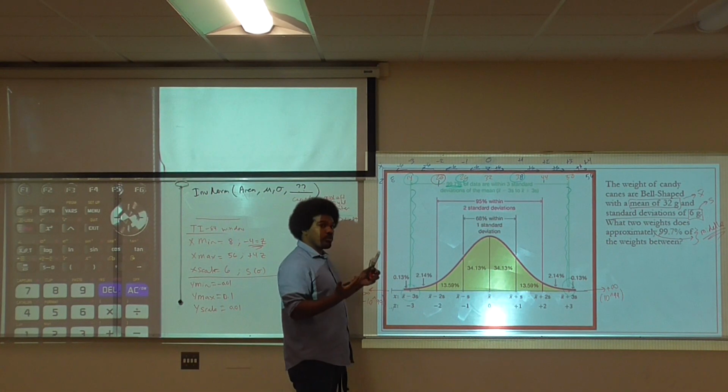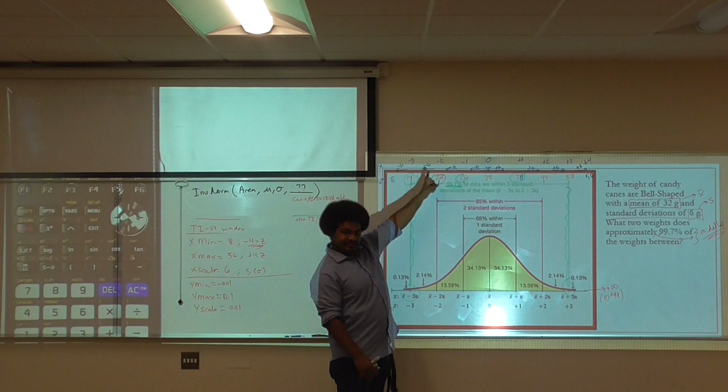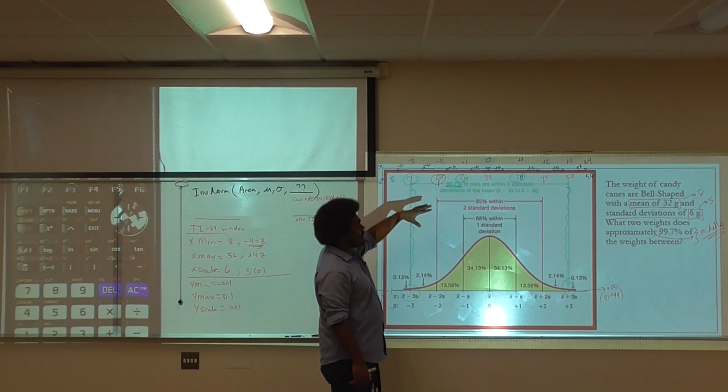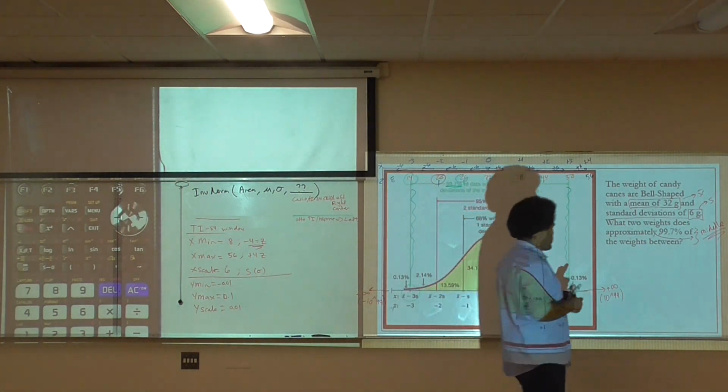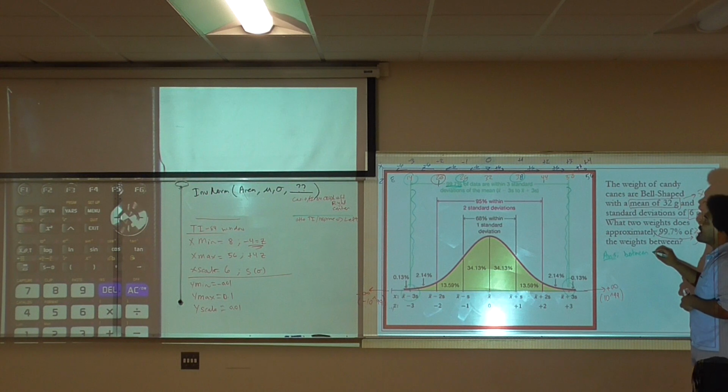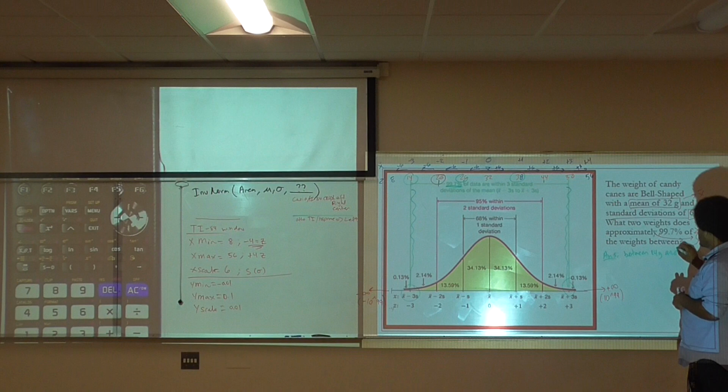So if you already know your empirical rule and you set it up, I know the answers. Okay? We probably don't know the answers because it's always going to be in the middle. So what we're saying here is the answer is going to be between, in this case, 14 grams and 50 grams.